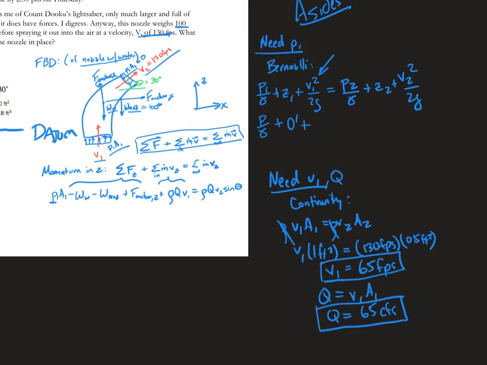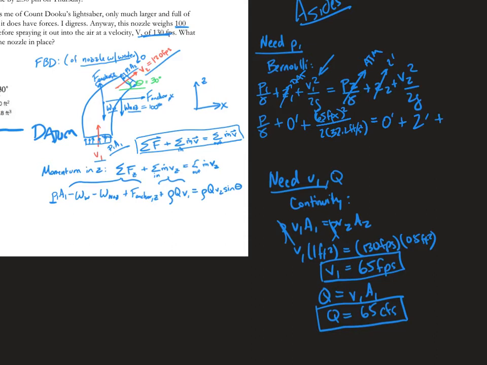Okay, V1 is 65 feet per second squared on 2 times 32.2 feet per second squared. Okay, so that equals P2. Now P2 is exiting into the atmosphere, so this is going to go away because it's atmospheric, just as this went away because it's a datum. Okay, 0 feet plus Z2 is going to be 2 feet.